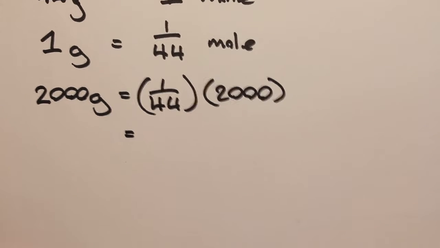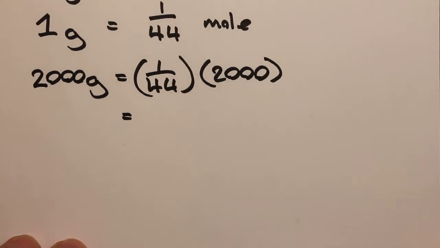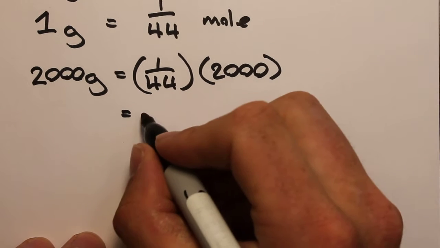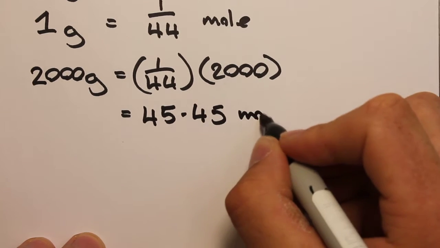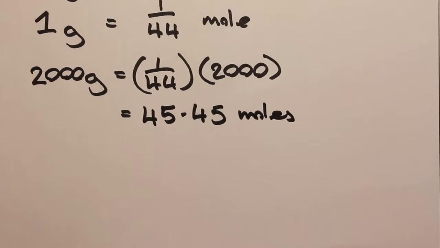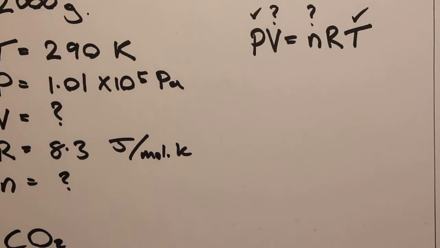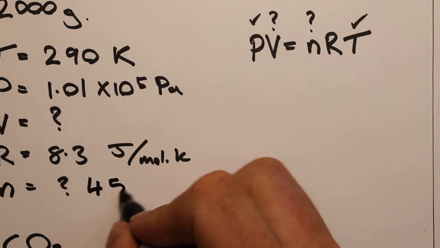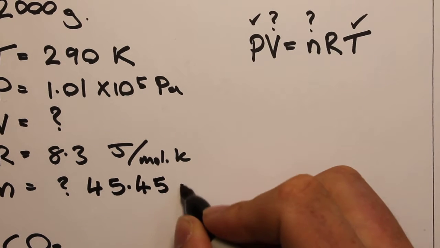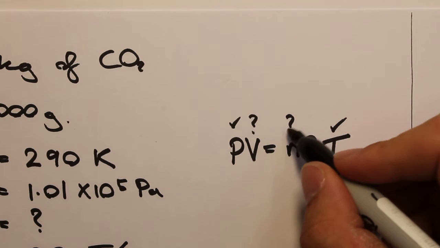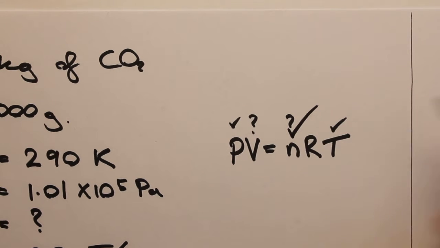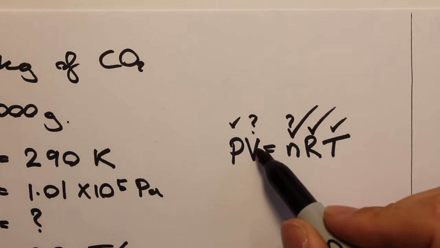This will give us the number of moles of carbon dioxide for 2000 grams, and this is equal to 45.45 moles. Now we can fill that in here. From our equation, we have the number of moles, we have R, and we're just looking for volume.